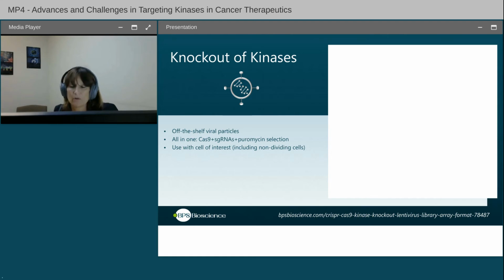So you can use them with any cell of interest, including non-dividing cells, regardless of whether your cell contains Cas9. So you don't need to use Cas9 expressing cells to use this lentivirus library.